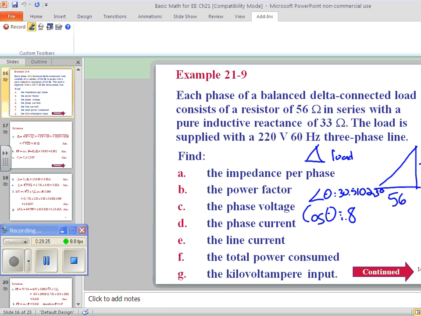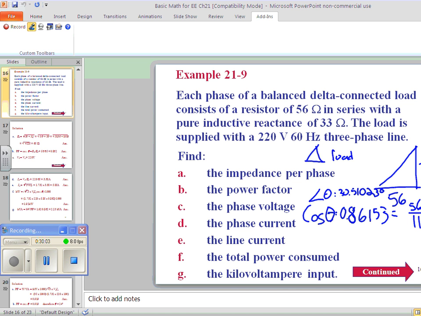The cosine is 0.86153, and that's equal to A over H, right? And our A is 56.